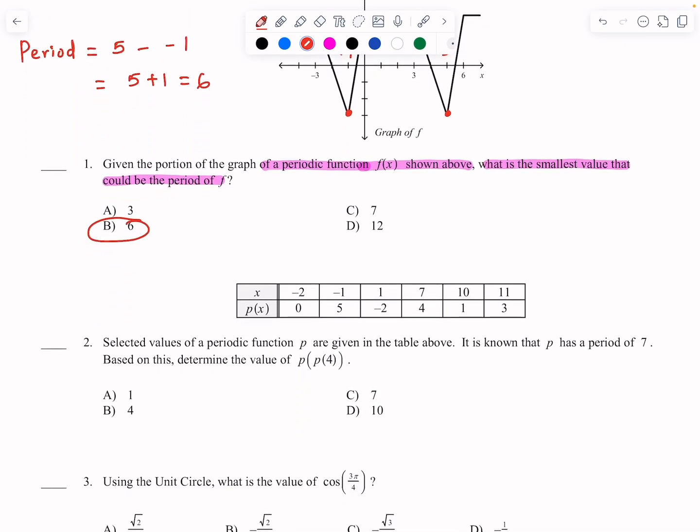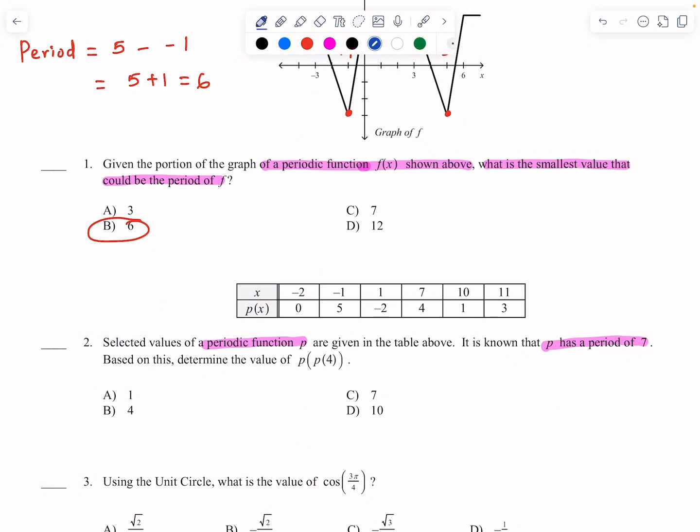For question number 2, we are given a table, and it says that selected values of a periodic function p are given in that table. It is known that the period is 7. Based on this, let's determine the composition function.